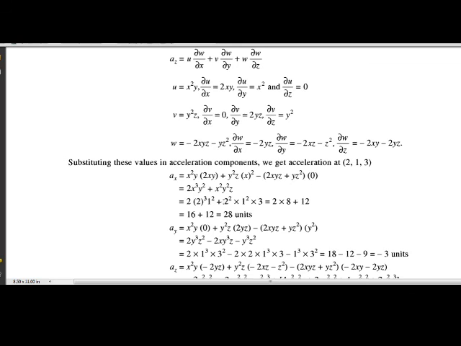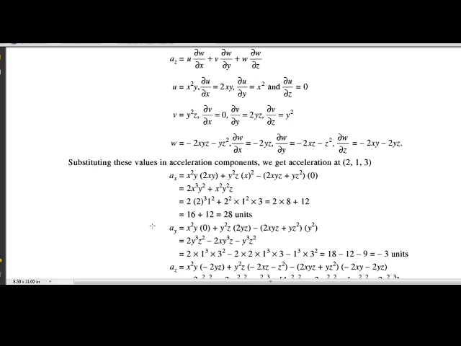After solving this we get the equation 2x³y² + x²y²z. Put x as 2, y as 1 and z as 3. After putting this we get the value of ax as 28 units.